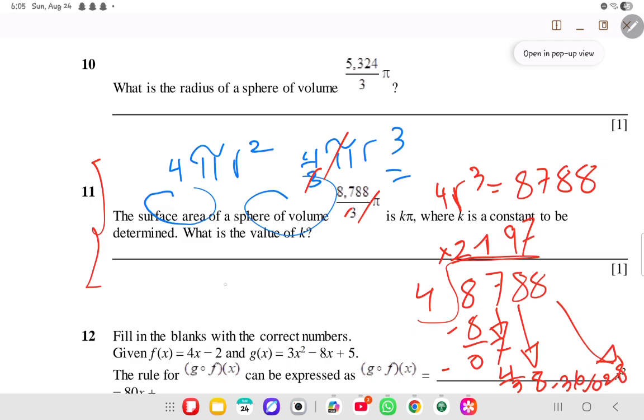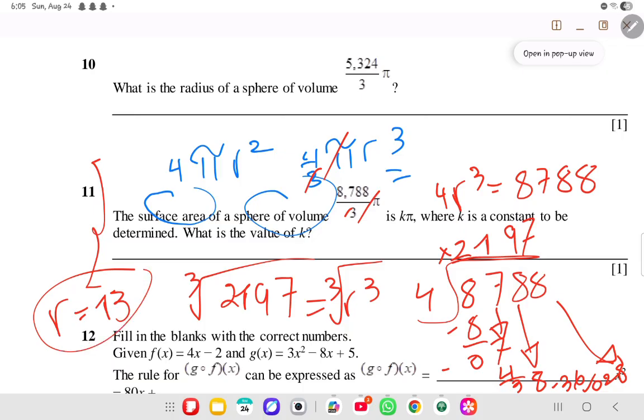So 2197 is equal to r cubed. So now you'll need to do the cubic root for both sides. Let me just check really quickly. I think it's 13 if I'm not mistaken. Yeah, it is 13. So the cubic root of 2197 is 13. Now we have the radius.